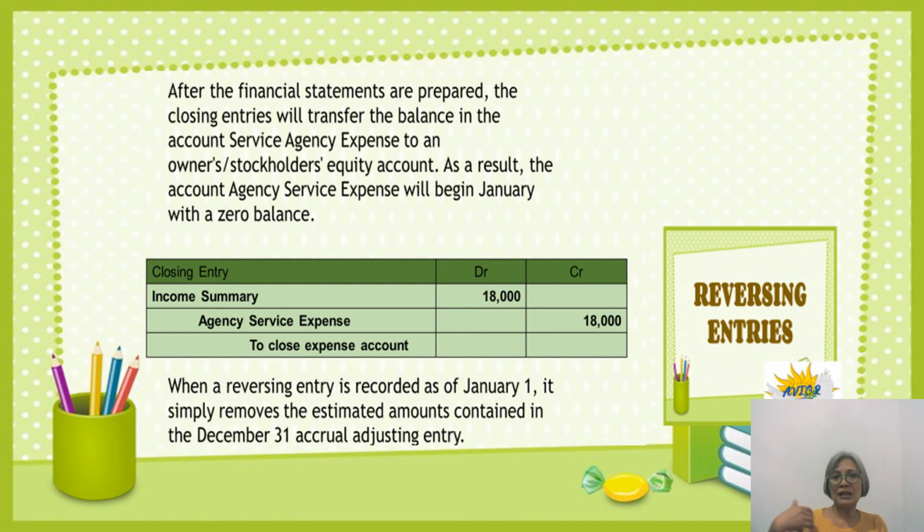So, pinasok kasi natin lahat ng expenses sa income summary, kinredit natin na 18,000 ang expense. So, when a reversing entry is recorded as of January 1, it simply removes the estimated amounts contained in the December 31 accrual adjusting entry.